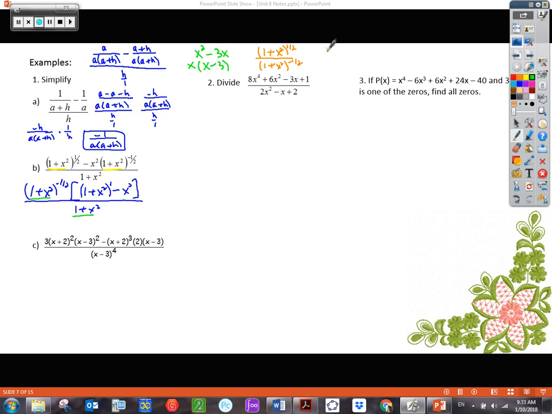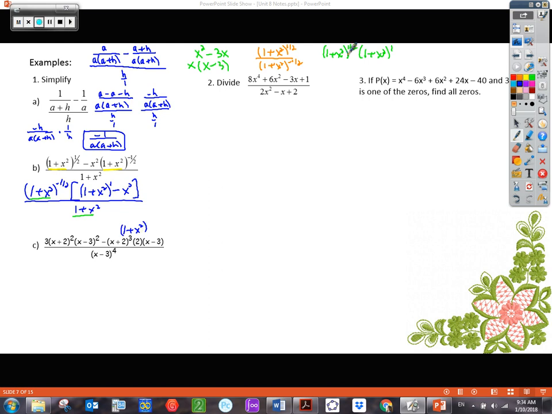So over here I would have 1 plus x squared to the 1/2 times 1 plus x squared to the 1. Again, more exponent rules. What do I do when the bases are common? I'm multiplying. I would add the exponents, right? So what I'm going to be left with in the denominator is 1 plus x squared.